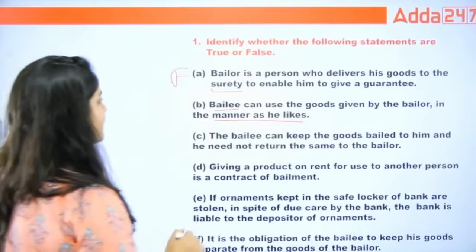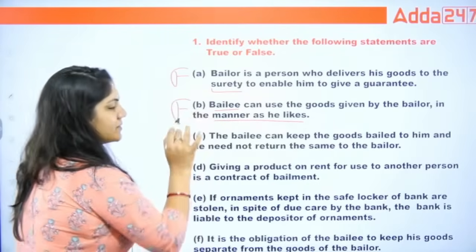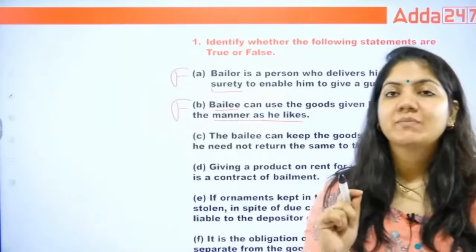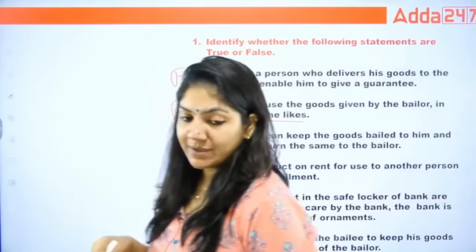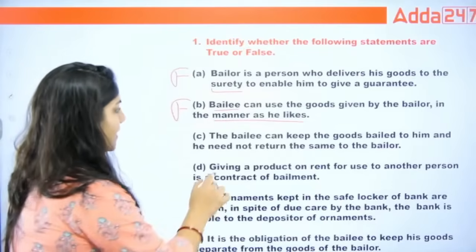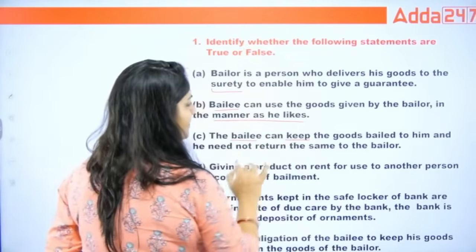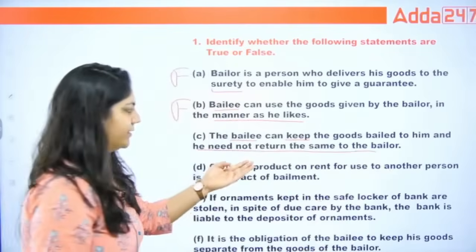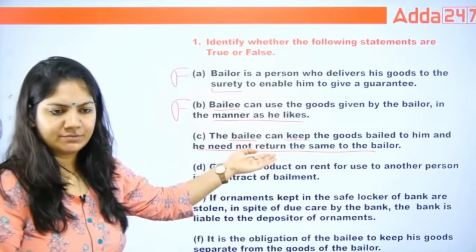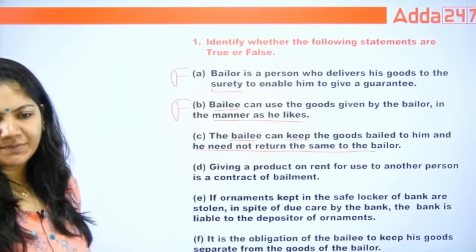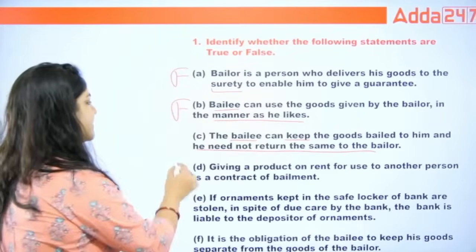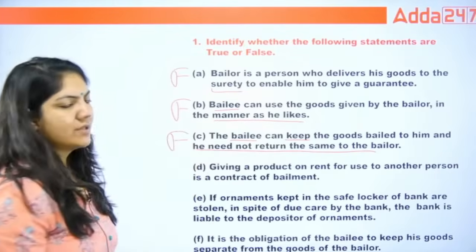The answer is absolutely false, because the bailee has to use the goods according to the direction given by the bailor, not by the bailee. Next: the bailee can keep the goods bailed to him and need not return them to the bailor. Need not return. So guys, this is absolutely false. He has to return.